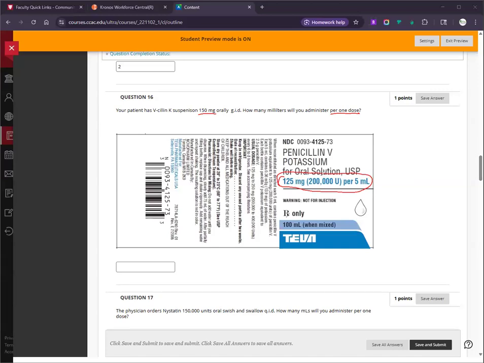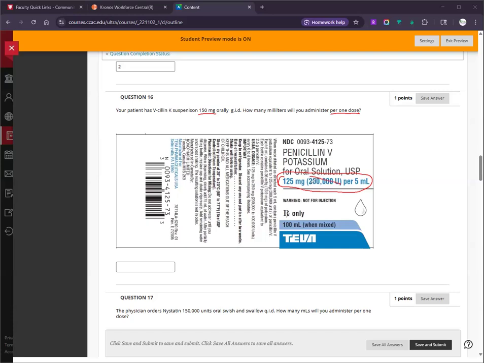The 200,000 units is an equivalent number for the 125 milligrams, meaning let's say the order was for 450,000 units orally. Then I would use the units as my available versus the milligrams. What you don't want to do is use both these pieces of information. And I know it can be a little confusing, especially the first time you're looking at this. And that's part of learning how to read these labels, is just realize that this is just telling you the same information. It's just that it condensed it.